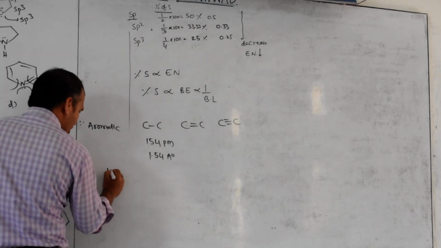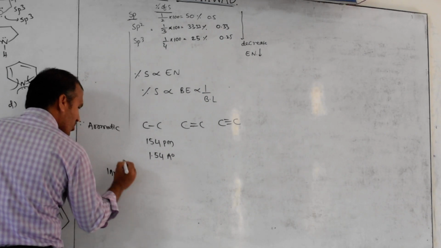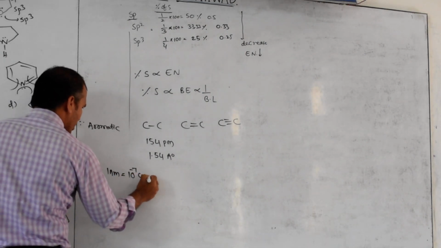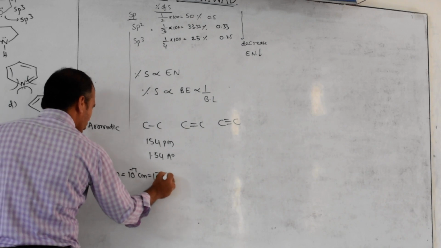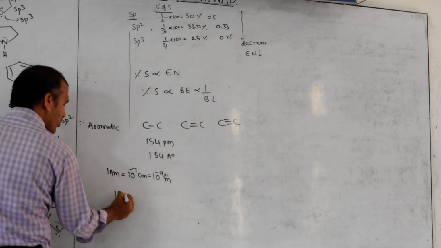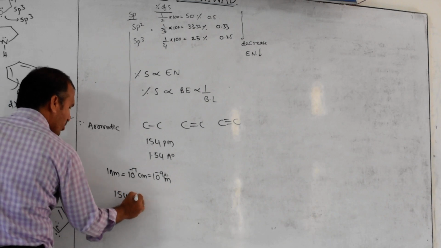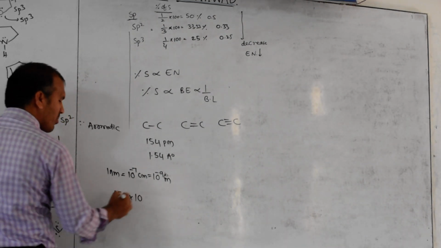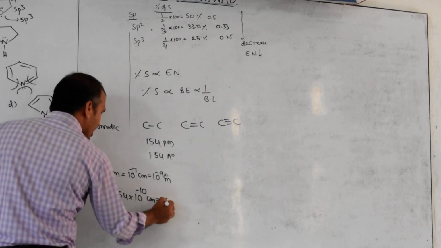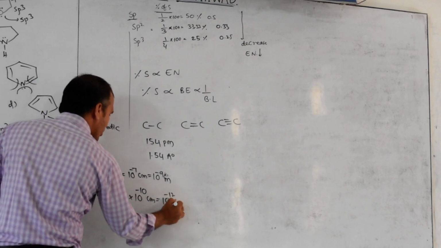See, 1 nanometer is equal to how much? 10 power minus 7 centimeter, otherwise 10 power minus 9 meter. Clear? Then 154 picometer. 1 picometer equals how much? 10 power minus 12 meter.